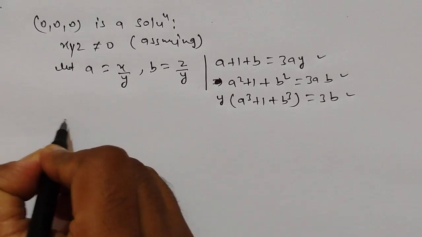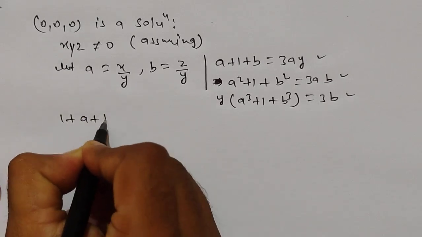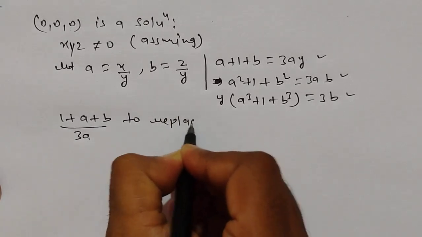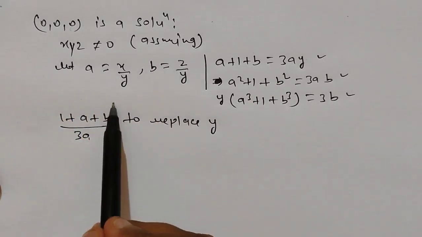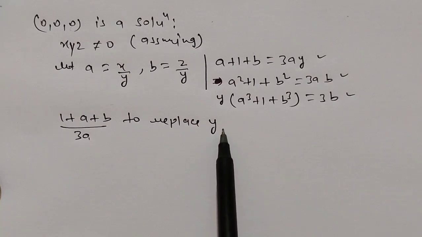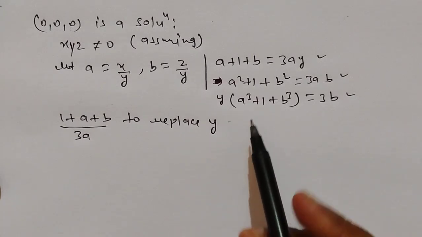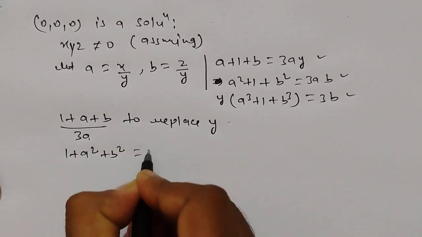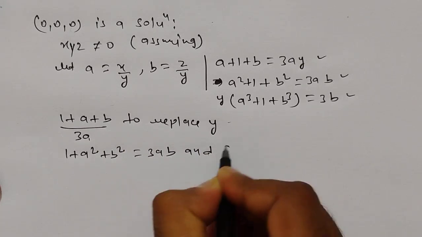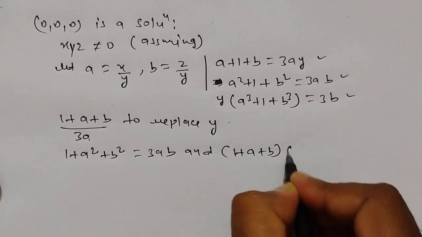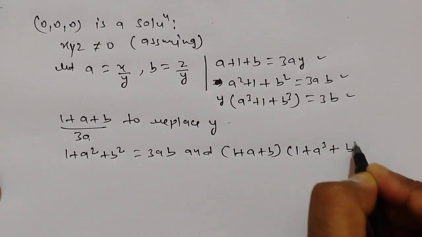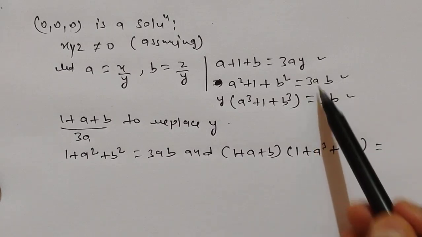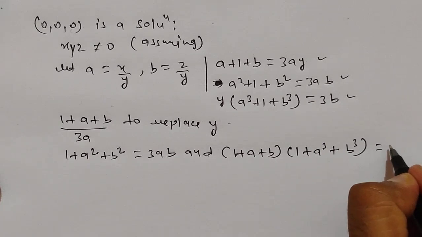Now we can use y equal to (1 plus a plus b) by 3a to replace y, and now we get 1 plus a square plus b square is equal to 3ab, and (1 plus a plus b) into (1 plus a cube plus b cube) is equal to 9ab.